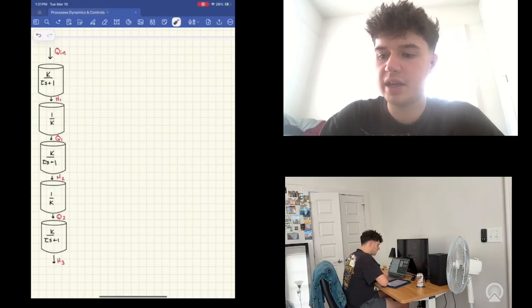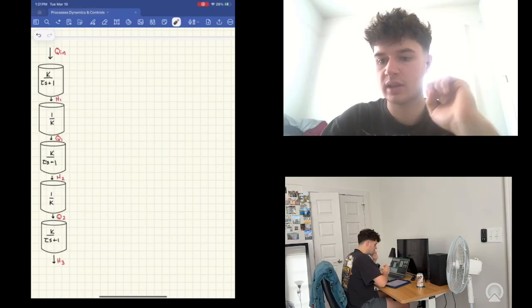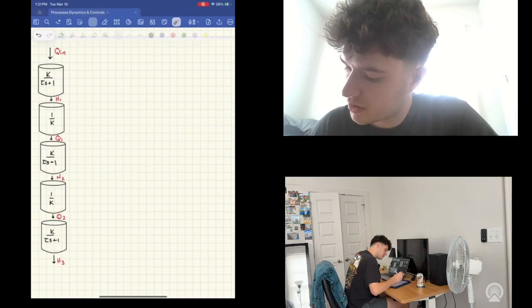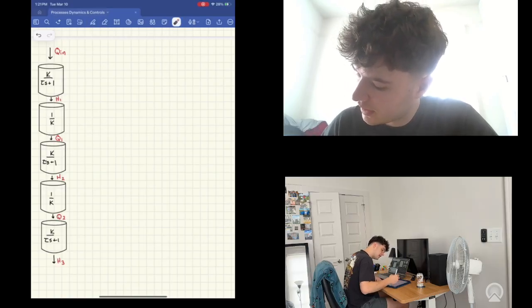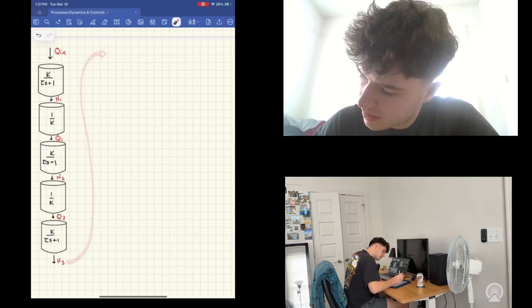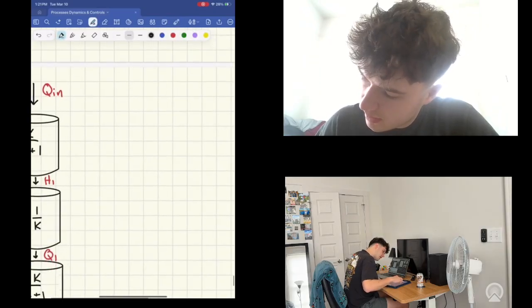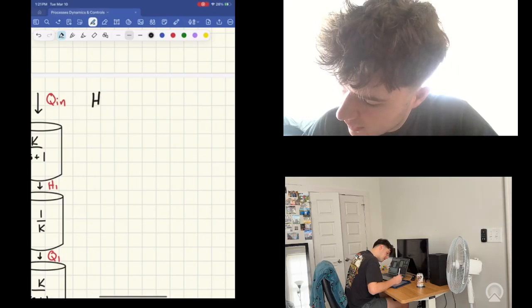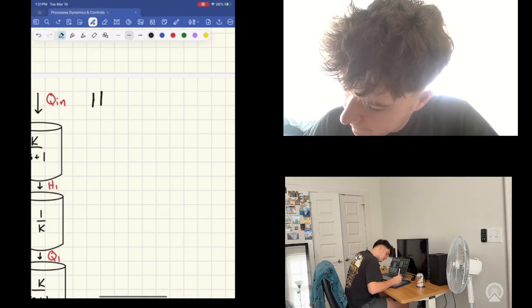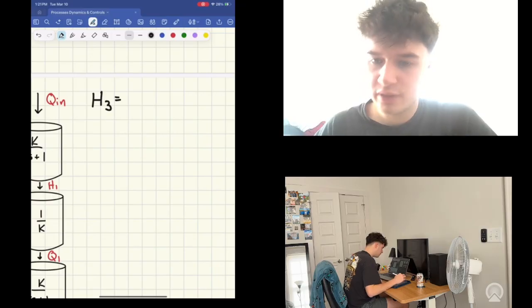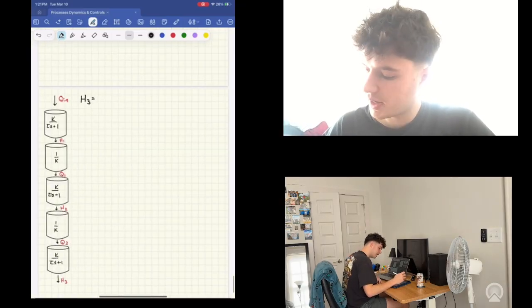So we can begin writing our equation for this system. Now to get this equation, we will be solving for this H3 value. So we can imagine a big arrow there, and we will say that H3 is equal to all of these equations in these tanks combined.